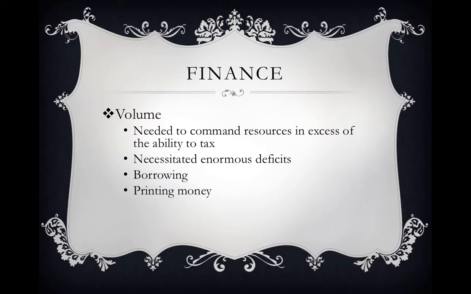As you saw by how much military expenditures increased, we were not going to tax it to finance the war as we were going along. We're going to have to borrow money in order to do that. So we see the importance of borrowing, and also the fact that we're going to see the money supply increase during this time period also.